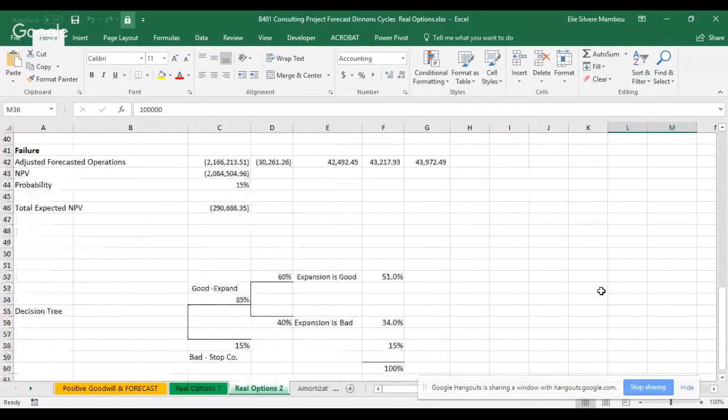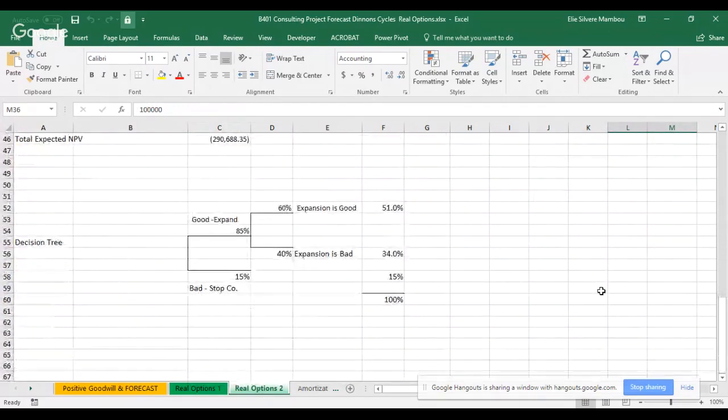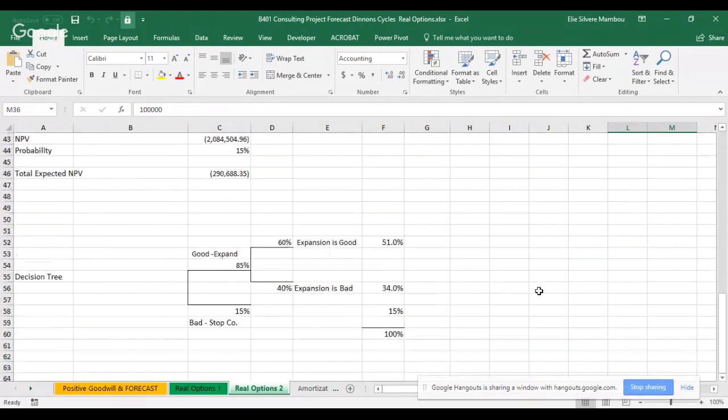When you scroll down to the tree, there we go. So here's our tree. We're going to talk about the good when we're expanding. There's an 85% chance, and then within the next year, it's a 60% chance. So with the first year, there's a 15% chance of failure. I got that by doing 100 minus 85.